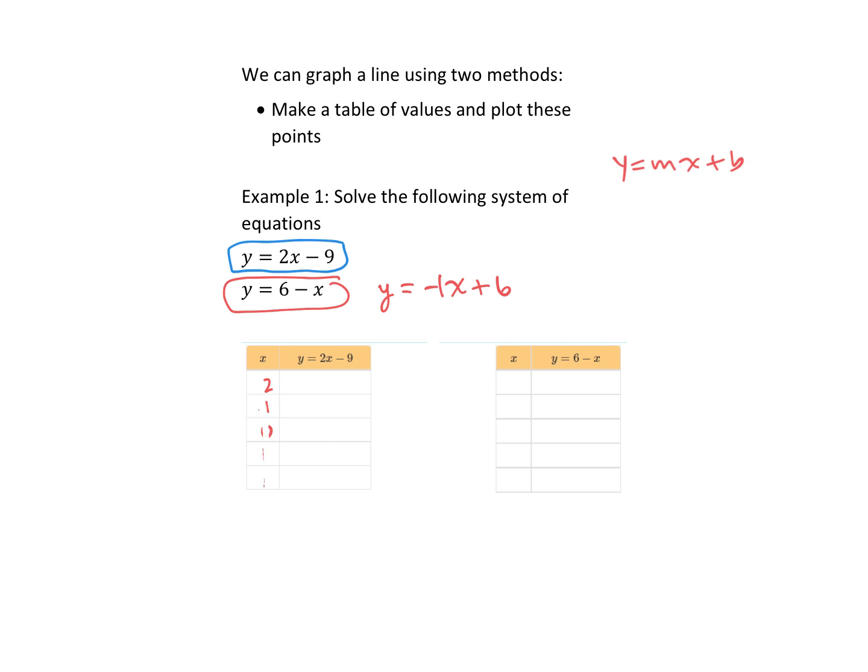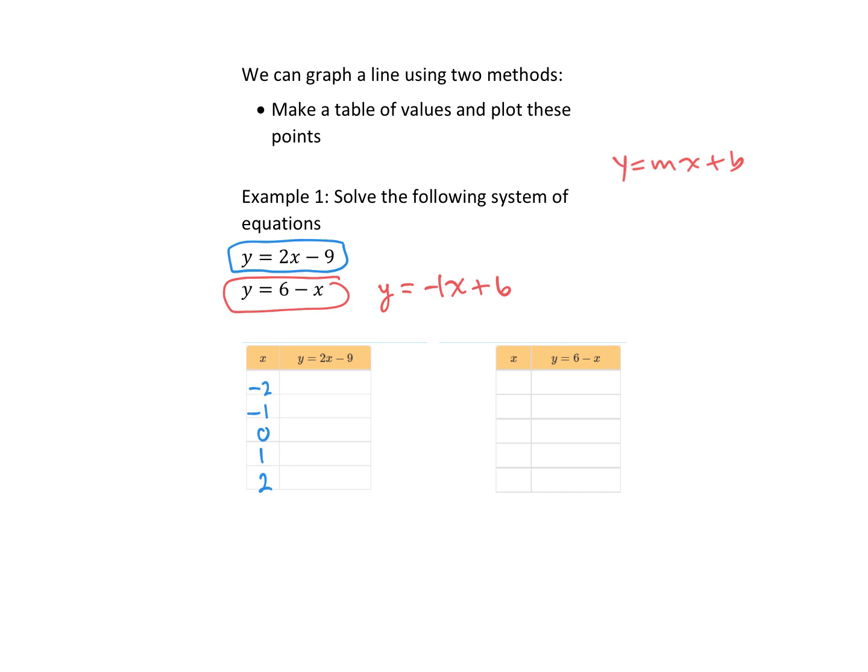I'm doing this one in blue, so let's change colors here. Remember, with your values, you can use whatever value for x that you want, unless there are some restrictions on the situation. But for the most part, we like to use a couple of negative, 0, and a couple of positive. That's so that we can see both sides of the y-axis and both sides of the graph.